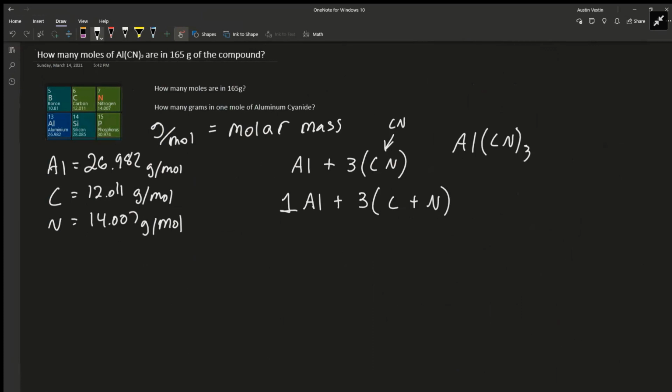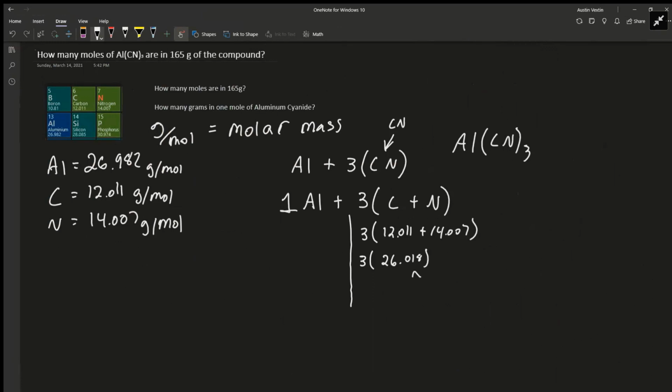I'm going to ignore aluminum for now. Let's focus on the cyanide half of this because the aluminum is easy. So 3 times the molar mass of carbon plus the molar mass of nitrogen. It's going to be 3 times 12.011 plus 14.007. So it's going to be 3 times 26.018.